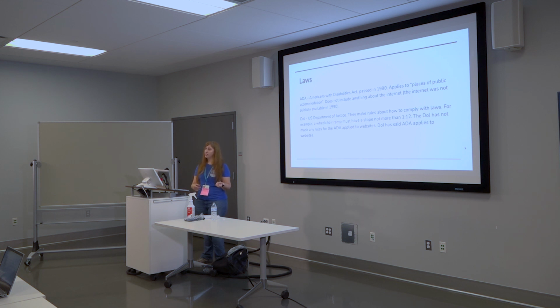The Department of Justice is in charge of what is called rulemaking. So in physical places, like these physical buildings, we have things like a wheelchair ramp. And the Department of Justice has gone in and said, if you have a wheelchair ramp, the angle must be between A and B. If it is outside of A to B, it's wrong.